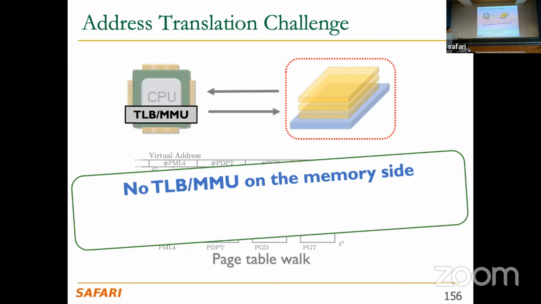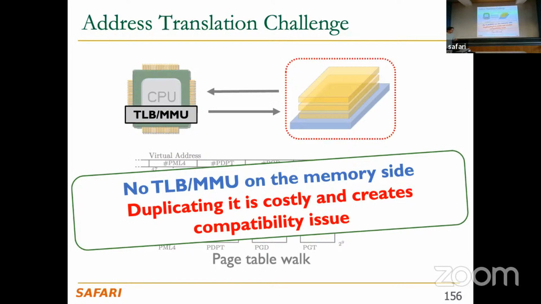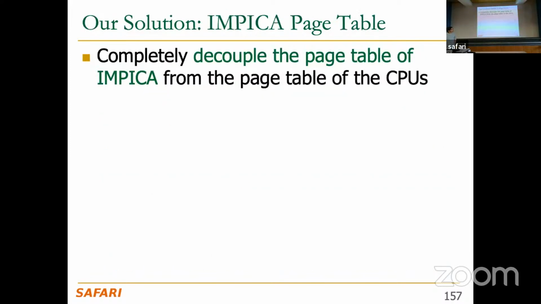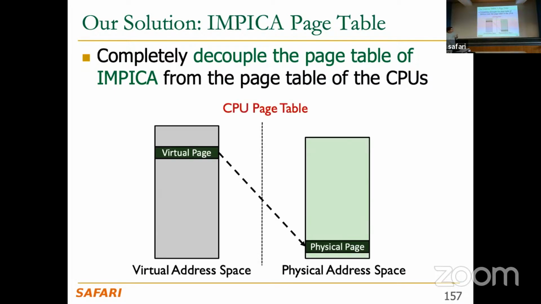So, what do we need to do when there is no TLB or MMU in the memory side? Duplicating them is costly and creates a compatibility issue that we don't want to deal with. The page table walk requires multiple memory accesses, as I already said. So what Empika proposes is a so-called Empika page table, completely decoupling the page table of Empika from the page table of the CPU. So this is the CPU page table where we map from the virtual address space to the physical address space.